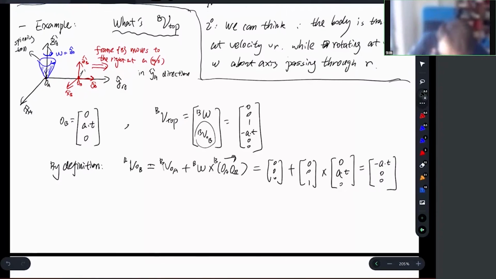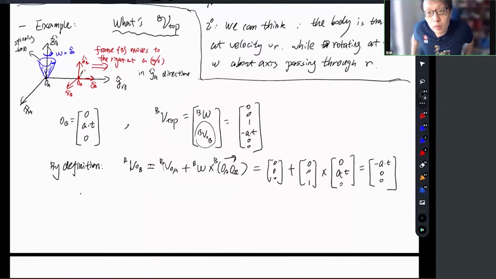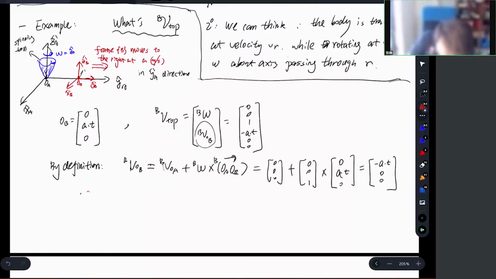If you have those kinds of questions, I would encourage you to think in coordinate-free terms first. Let me use red color. In coordinate free, V_OB is V_OA plus omega cross OA OB, right?